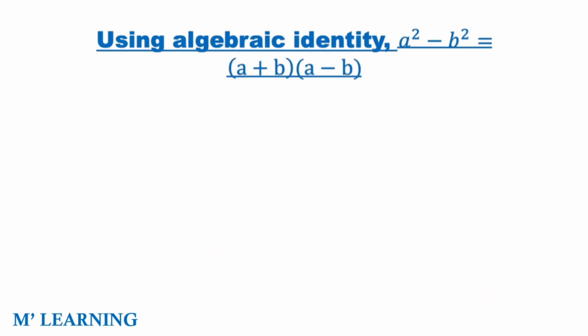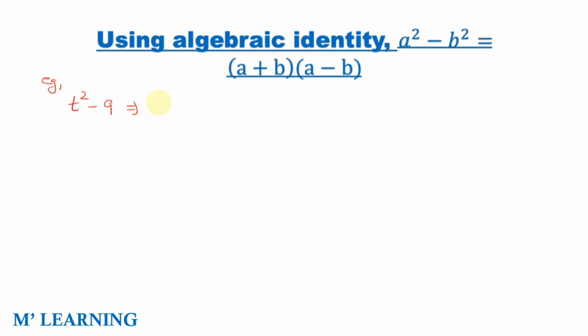Now let's move to the factorization of another type, in which we'll use the algebraic identity: a square minus b square is equal to a plus b, a minus b. This type of factorization is done when we don't have the middle term, the linear term, the x term. This is our example, t square minus 9.